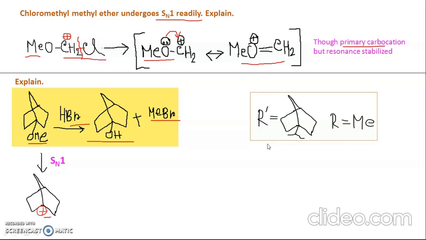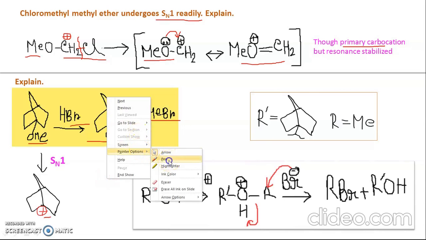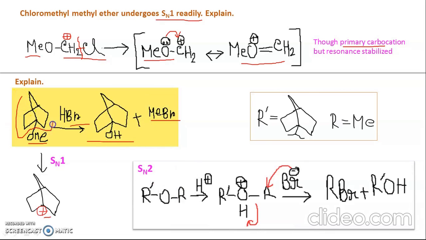Because now I will write the structure as R prime O R, so that it will be in a simpler form. So see what is the structure now: this is our R prime, then we have oxygen, and this is R. So I have written it in a simple form.